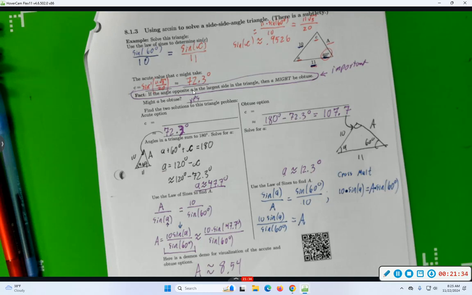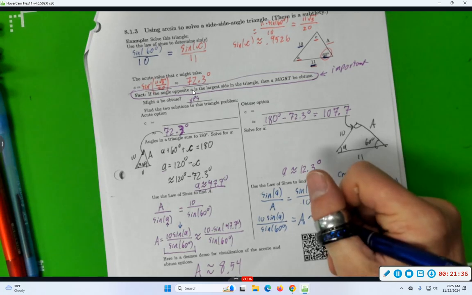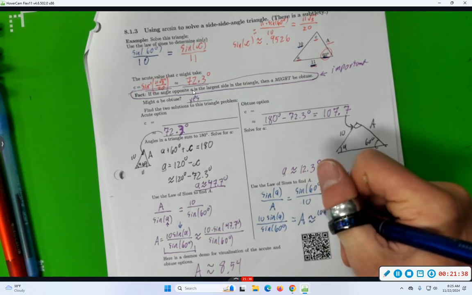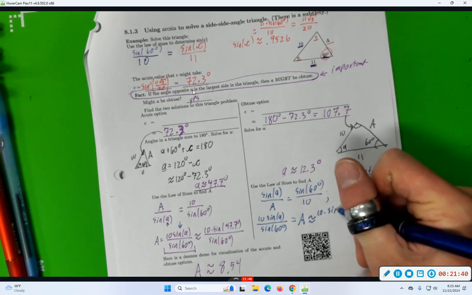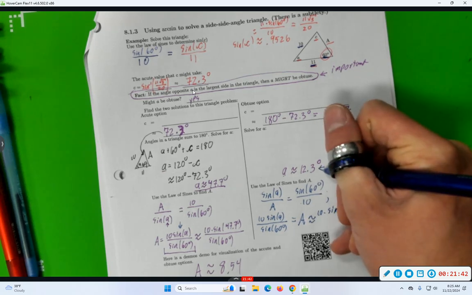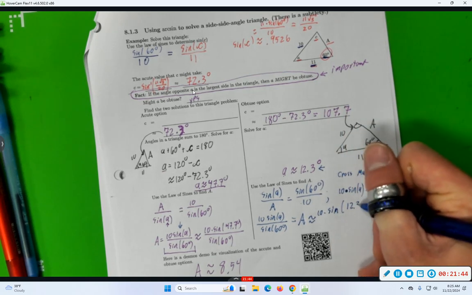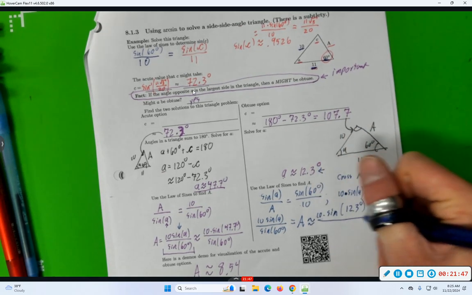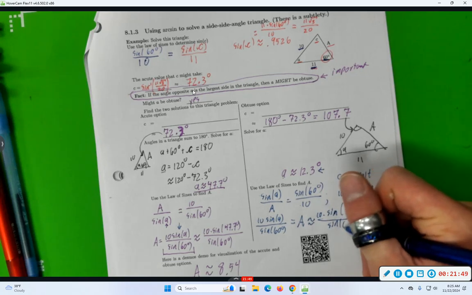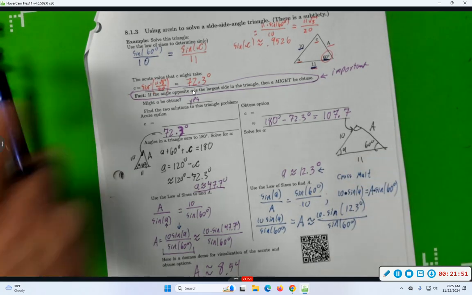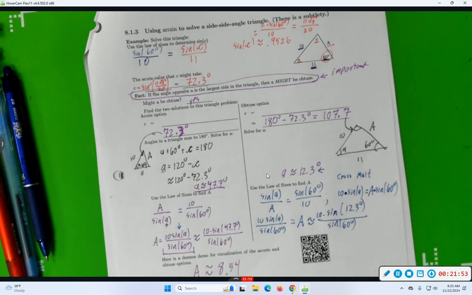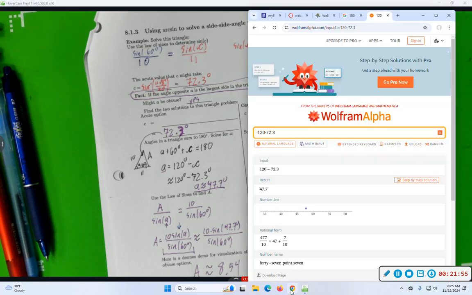Cool. Let's get that decimal approximation. So that's about 10 times sine of, I have a different value for A, 12.3 degrees, divided by sine of 60 degrees. And I'm sure you all have that computation at this point, but let's do it.